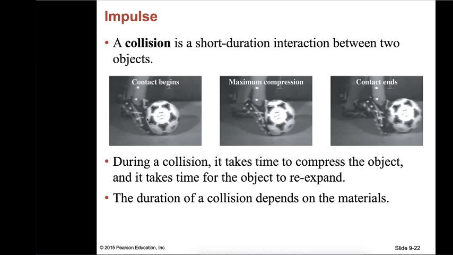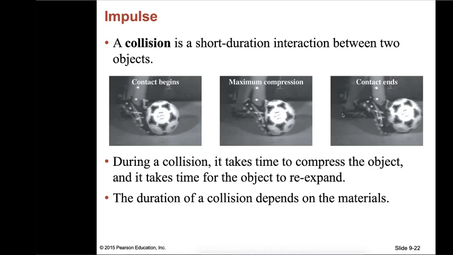Then when the foot is moving, you see in the second picture the state of maximum compression. You see the shape of the ball is compressed. And at the end of this kicking process, the contact ends. After this moment, the ball will fly away.